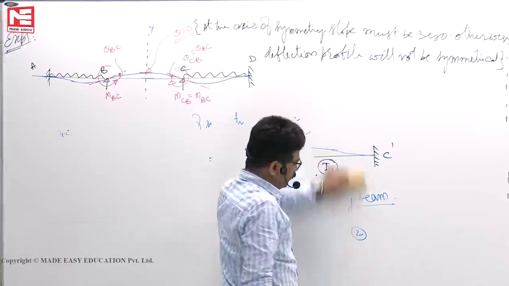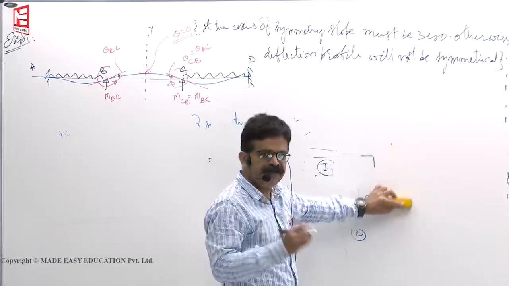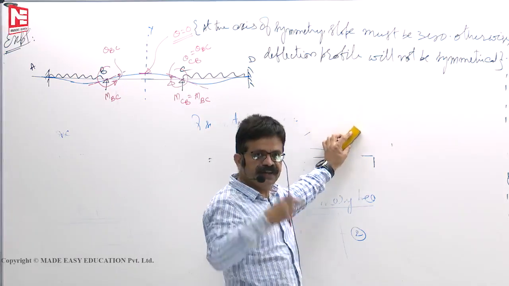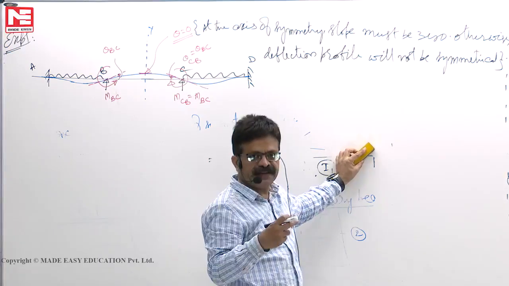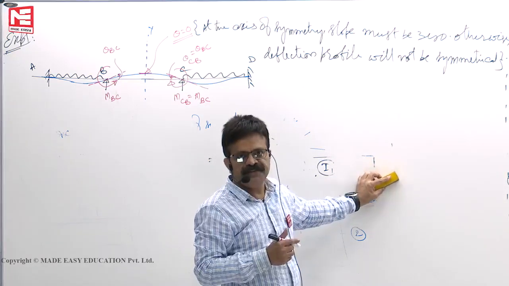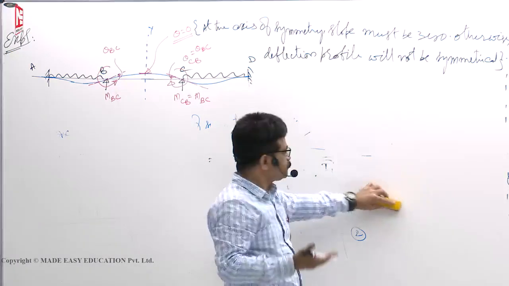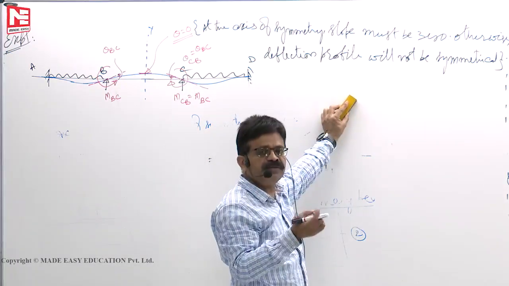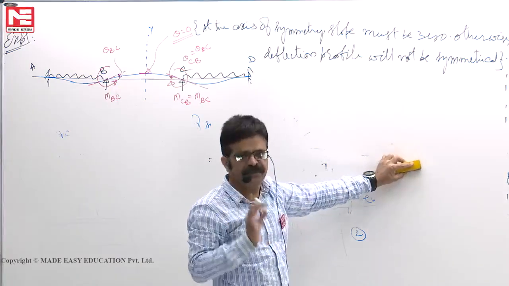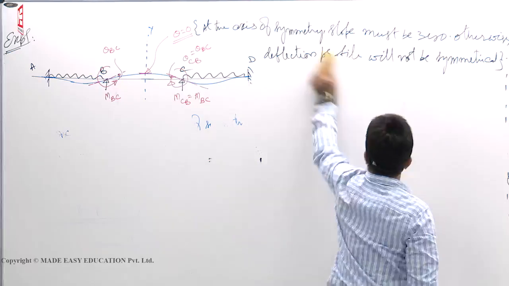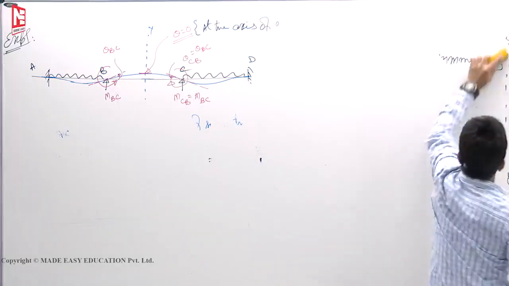Our major time will be wasted only in finding the distribution factors and end moment distribution. If you can save your time there, 90% of the time is saved. So that's how, when a very big beam or frame is given, you can find the unknowns within 30 seconds or 1 minute. Now let us see the numericals.